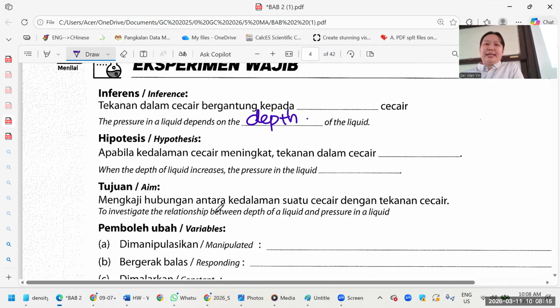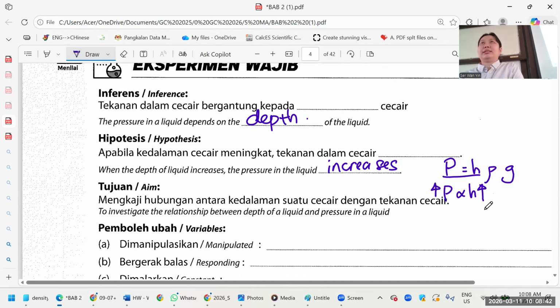When the depth of liquid increases, the pressure in the liquid increases, because P equals H rho G. You all learned this in Form 5 Maths Chapter 1, right? P is directly proportional to H, at the same level, increases.